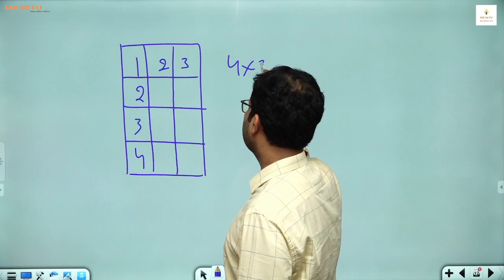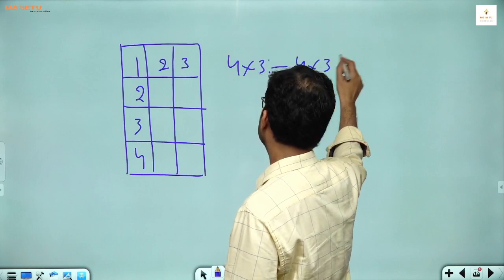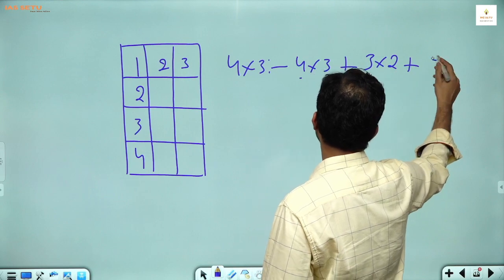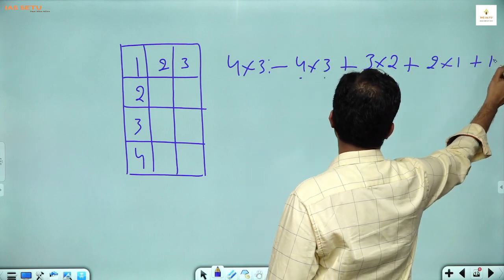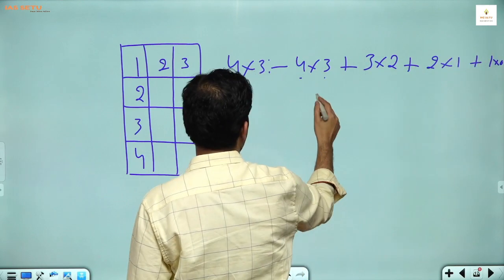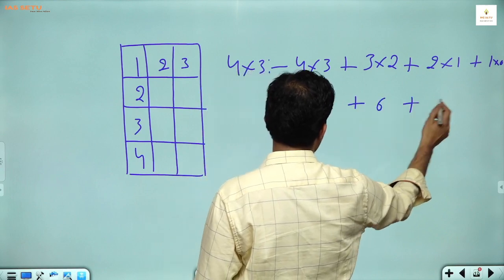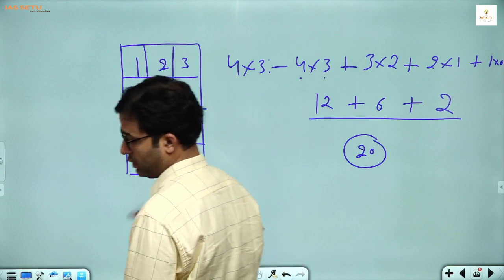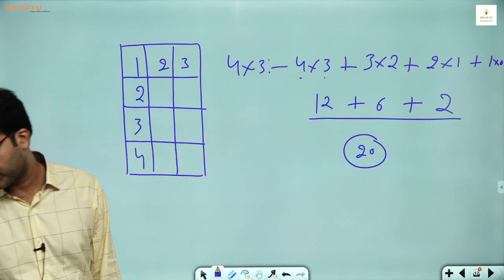This is 4 into 3. So 4 into 3 plus 3 into 2 plus 2 into 1 plus 1 into 0. This is 12 plus 6 plus 2. This is 18 plus 2, 20. Given figure, we have 20 squares.